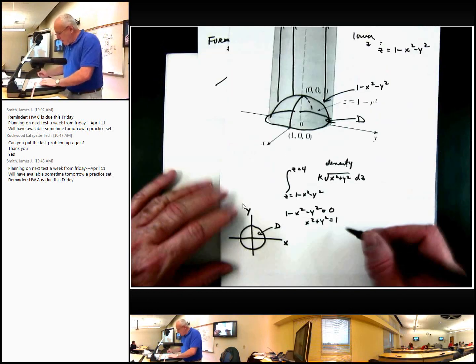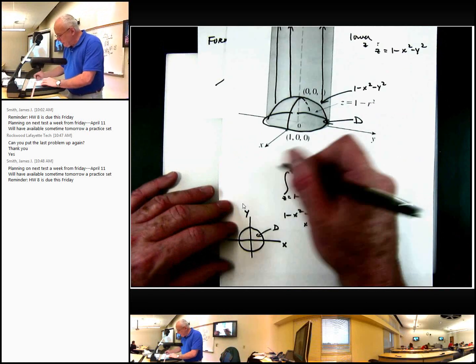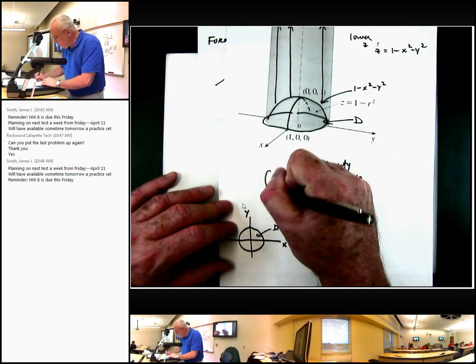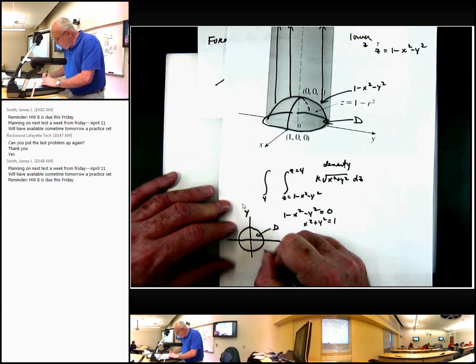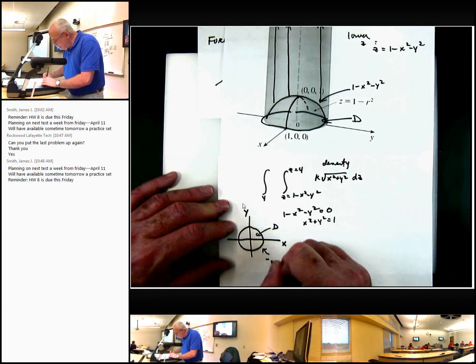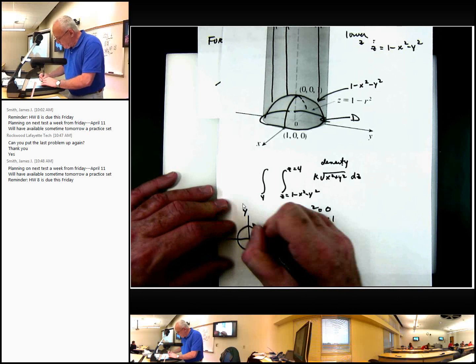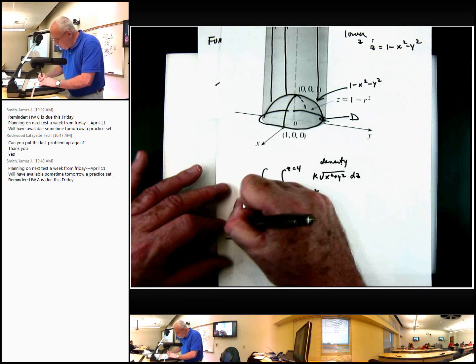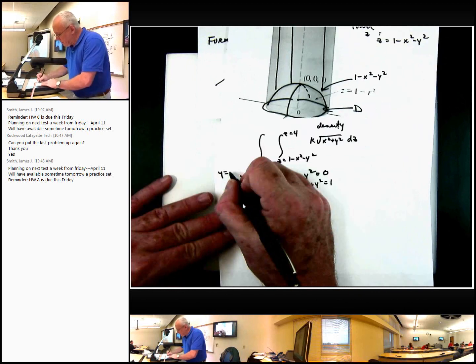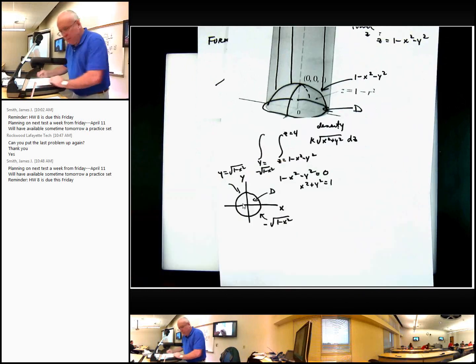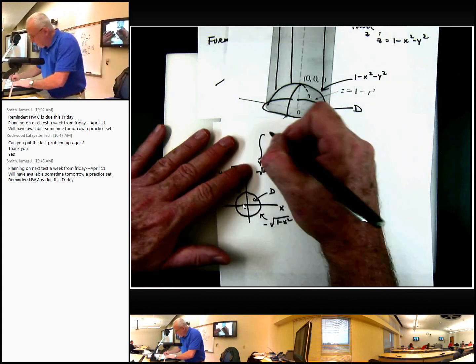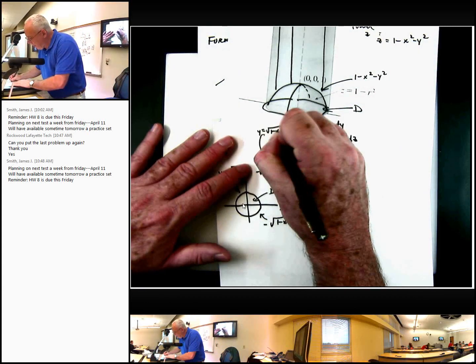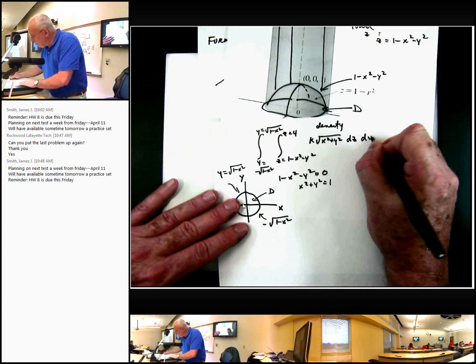So let's go back up here once we've drawn this. Staying just with rectangular, our y goes from the negative square root of 1 minus x squared, that's our lower value for y, to our upper value, y equals the square root of 1 minus x squared. And that's our dy.